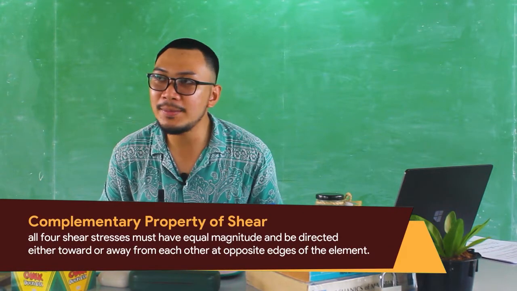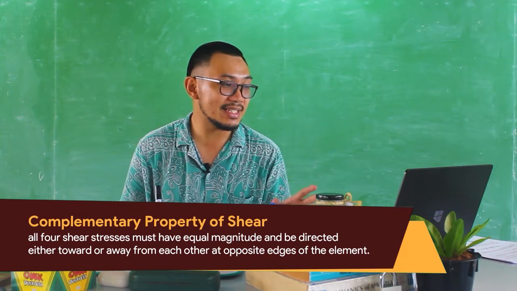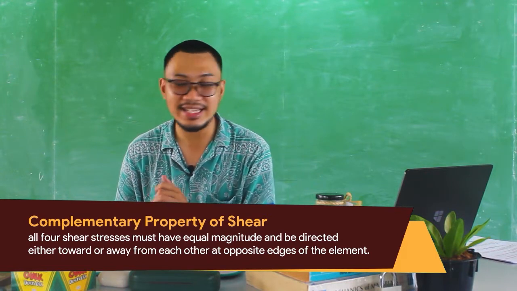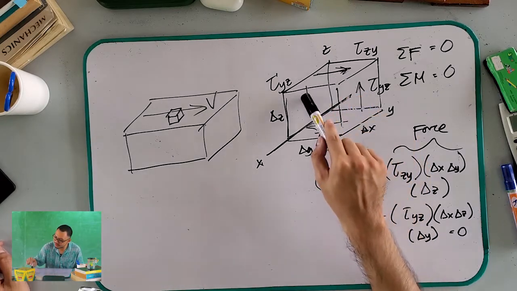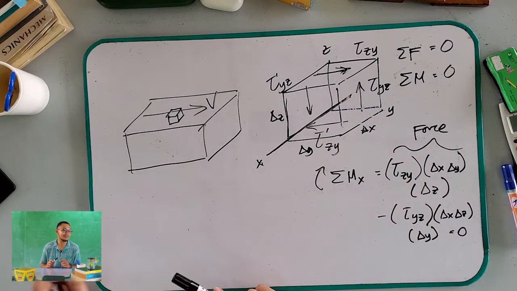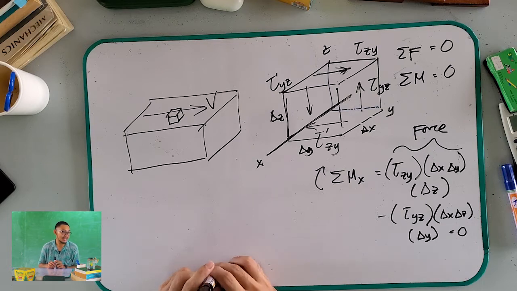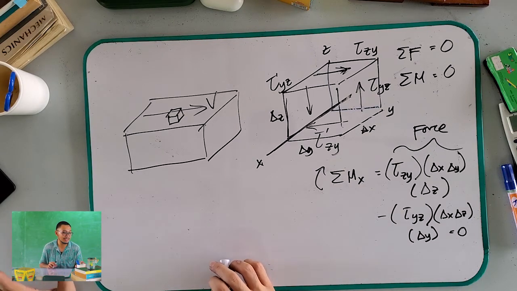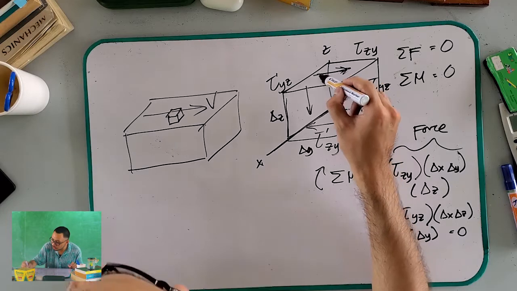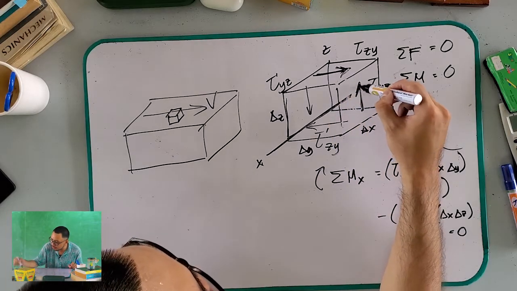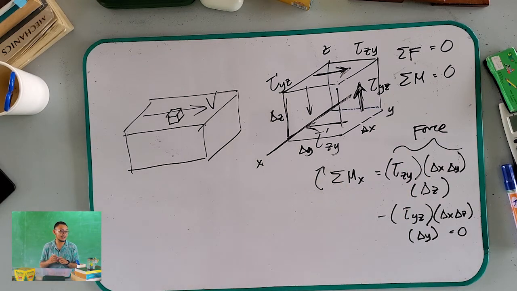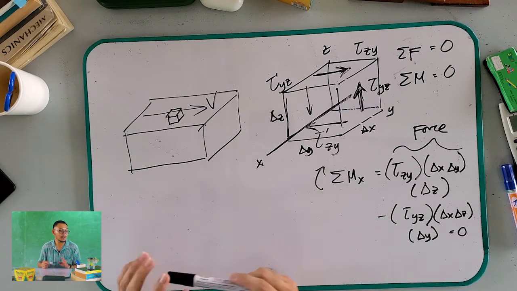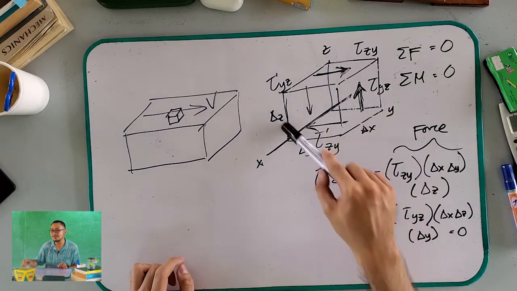So complementary property of shear says that all of these four shear stresses must have equal magnitude, and it should be directed either towards or away from each other. Okay? At opposite edges of this element.